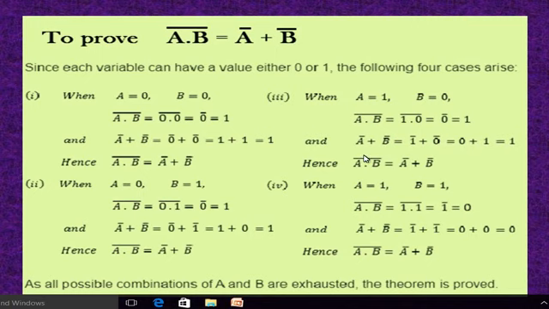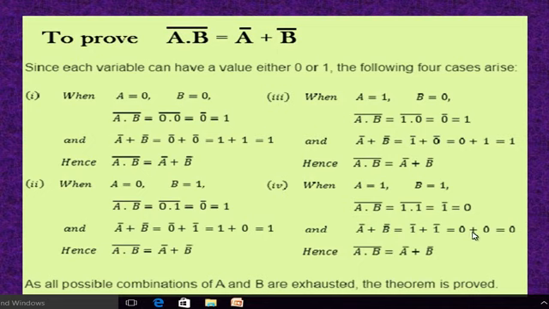When A is equal to 1, B is equal to 1, this is the last case, the fourth case. A dot B means 1 dot 1, and 1 dot 1 will be 1, and complement of 1 will be 0. For RHS, complement of A plus complement of B, complement of 1 plus complement of 1 is equal to 0 plus 0, which is equal to 0.